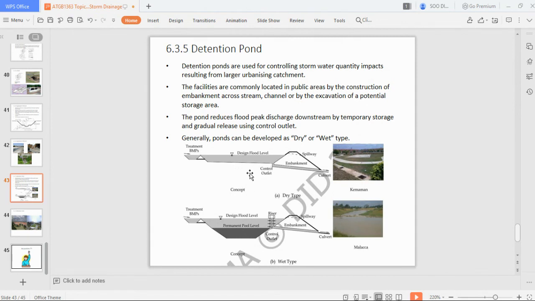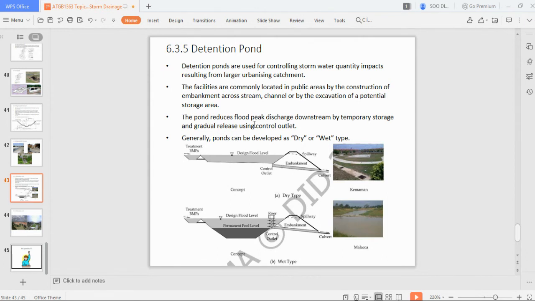This is to ensure that the water in that particular area is not all flowing out into the public system and increasing the load on it. So that's why a detention system is there, to control the amount of outflow from overloading the public system.